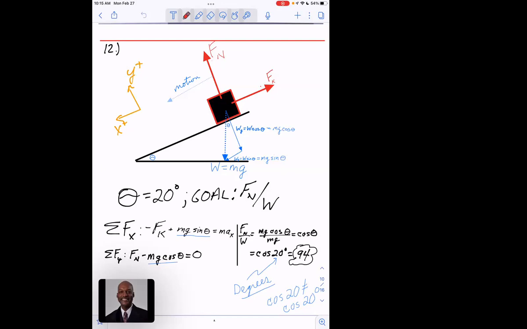In your situation, there's no motion, so you want to take that out in this example. And in this case, it's not f of k, it's going to be f of s. That's going to be going up the ramp. I'm not going to give away the entire problem, but in this example the forces are pretty much in the same directions as you have, and it's done a little bit differently. So you're going to have to work your way through this. The weight is downward, and that's the force that you're going to need to resolve.